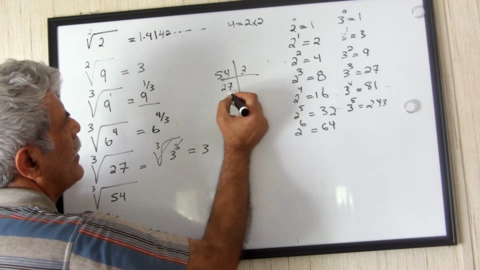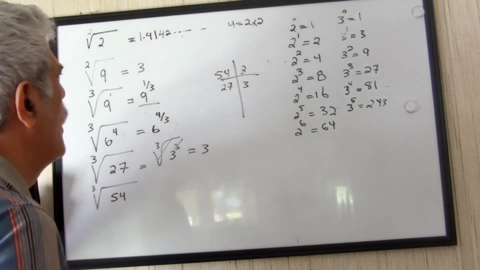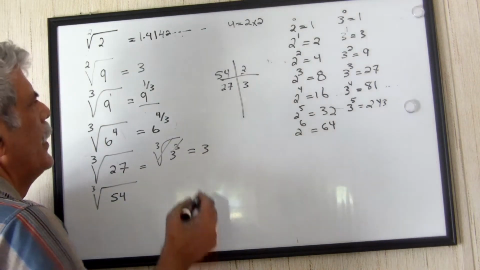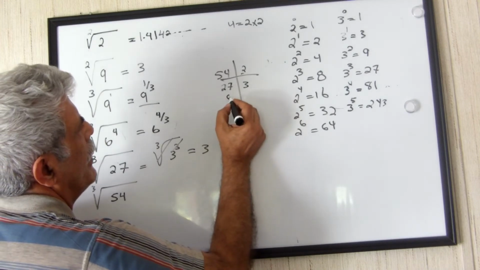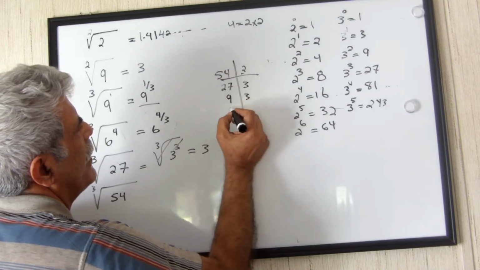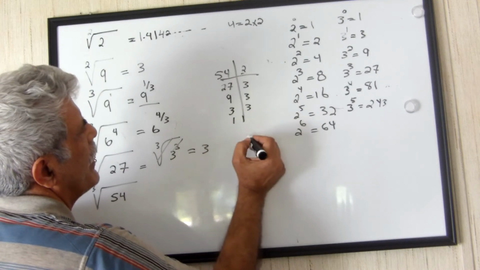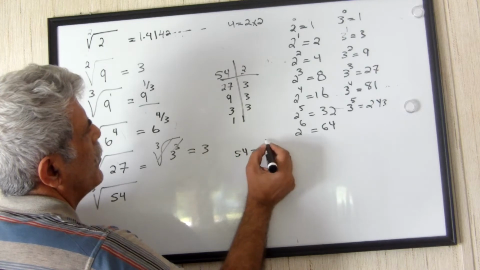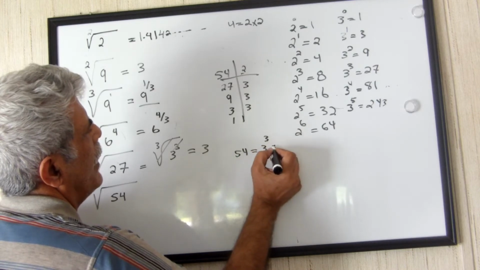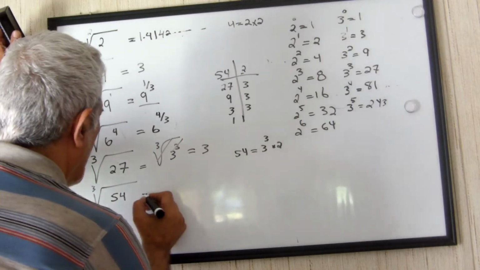Then we have to divide this one by 3, because we cannot divide it by 2. 27 divided by 3 is 9, 9 divided by 3 is 3, 3 divided by 3 is 1. So we can write 54 as 3 to the power of 3 times 2. So we can write it like this.